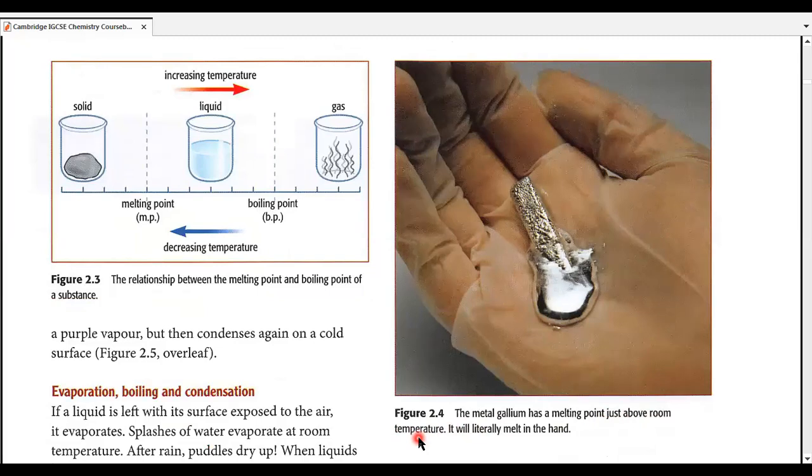Room temperature is usually taken as 25 degrees centigrade around the world. However, human body temperature, as we have studied previously in different science books, is 37 degrees centigrade. So it melts a little above 25, and at human body temperature, the solid metal is converted into a liquid.